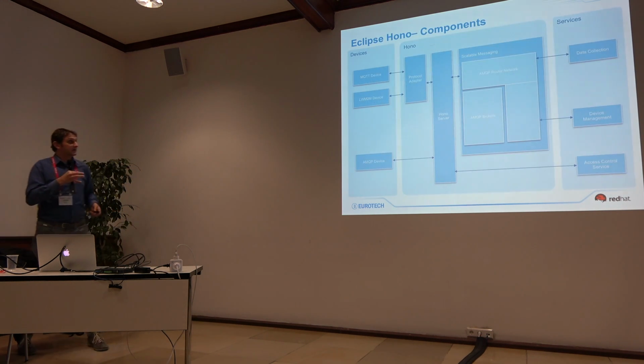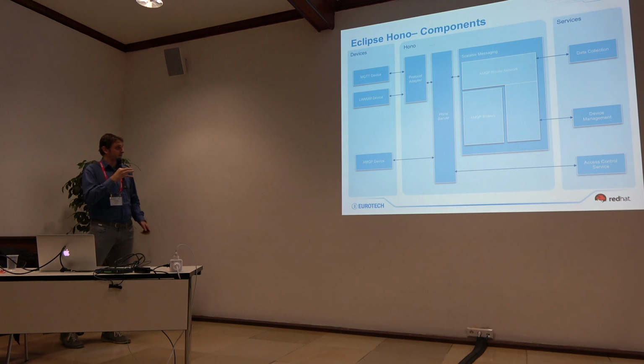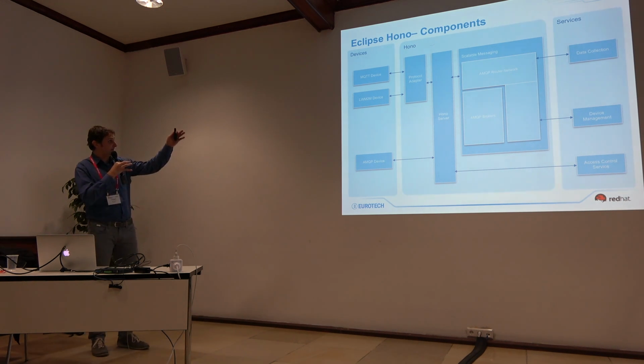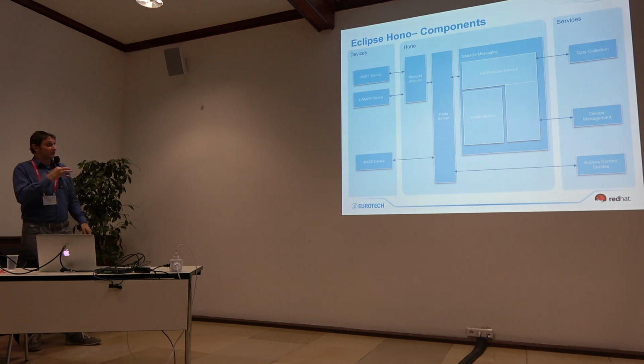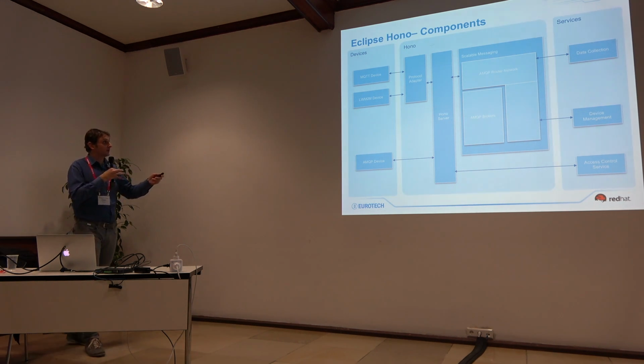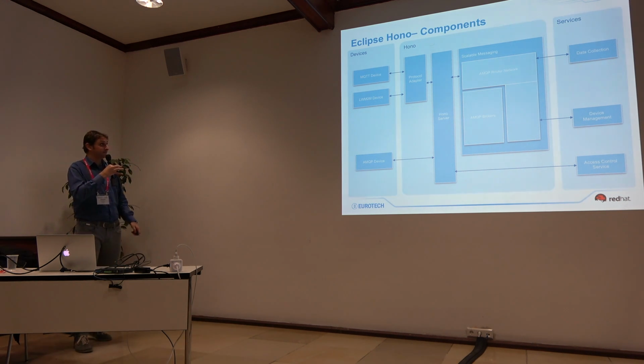So this is basically a picture of how all that Hono and scalable messaging can work together. On the left side we have devices using all kinds of different protocols. Then we have protocol adapters for all the devices that are not natively AMQP.